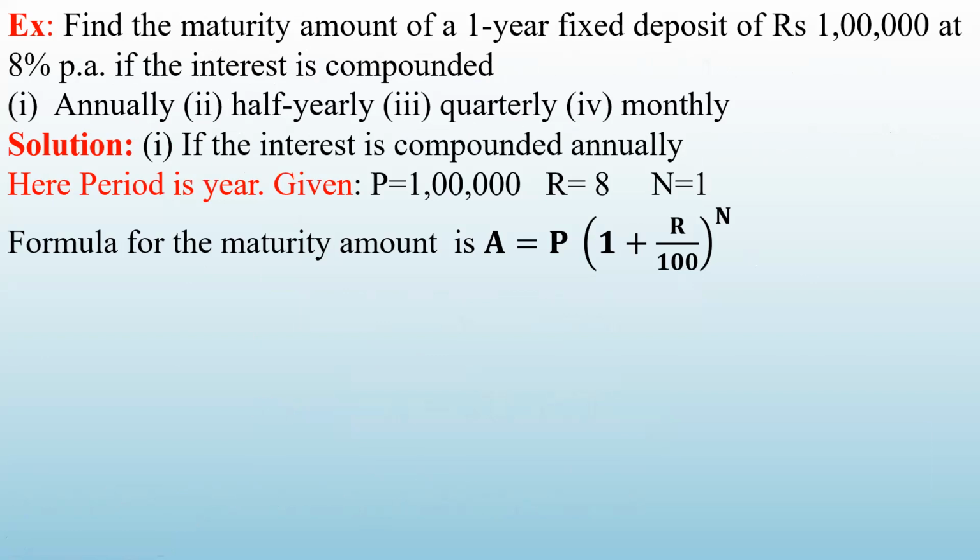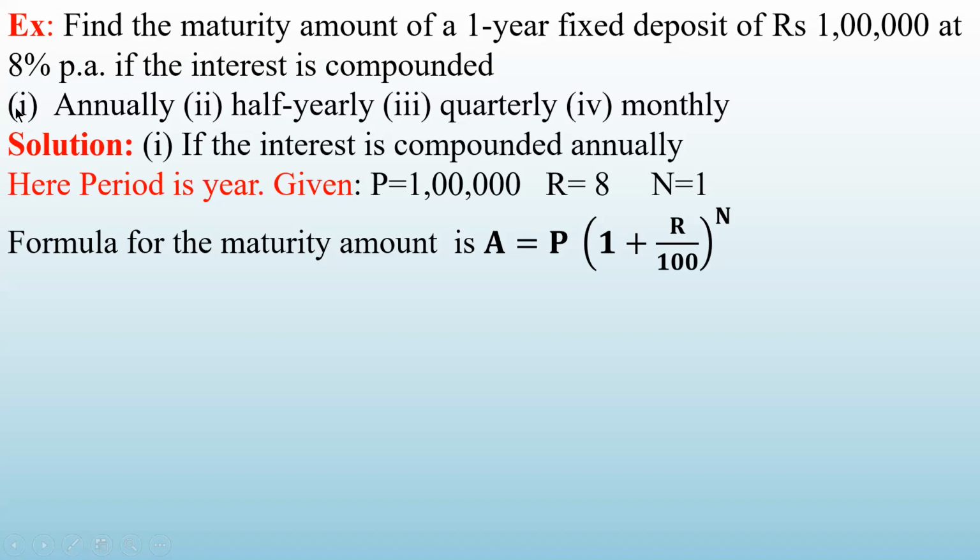In this problem, the amount of 1 lakh rupees is kept in the bank as a fixed deposit. For how long? For 1 year. And the rate of interest is 8% per annum. You have to find out the maturity amount, that means the amount accumulated at the end of 1 year, if the interest is calculated in these 4 ways.